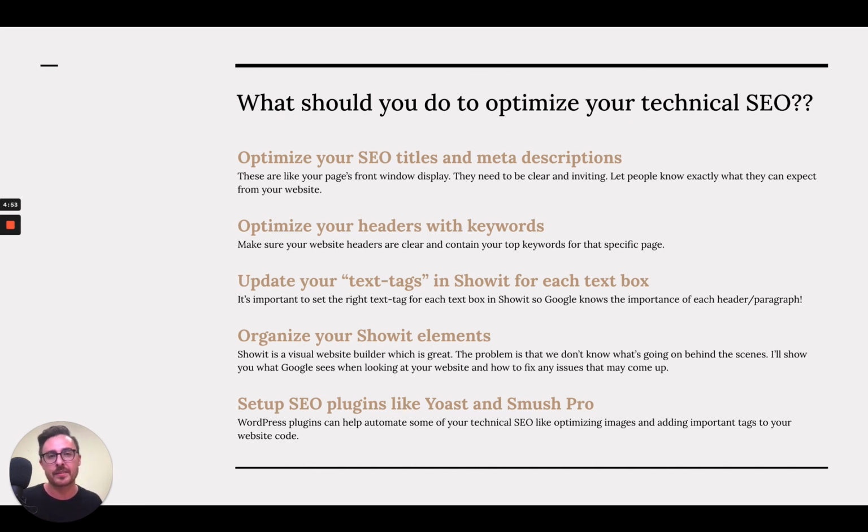But if you're on an advanced Showit blog, then there are some other plugins that you may want to look into installing, and they're going to do things like speed up the files in your WordPress website. They're going to optimize your images for you, and some other cool SEO things like that. But we'll take a look at all of that in the next video.